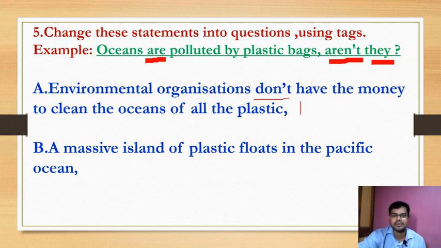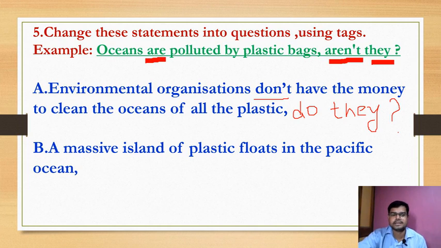So simply we'll take this do, and mind that we have to write it in small letters only. Do, and organizations are many, hence we write do they, and put a question mark.